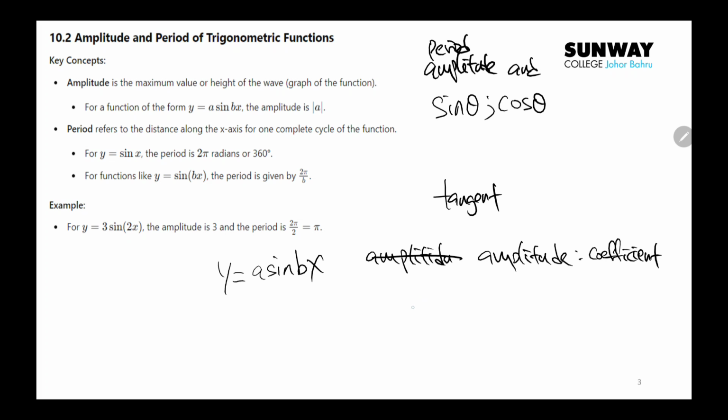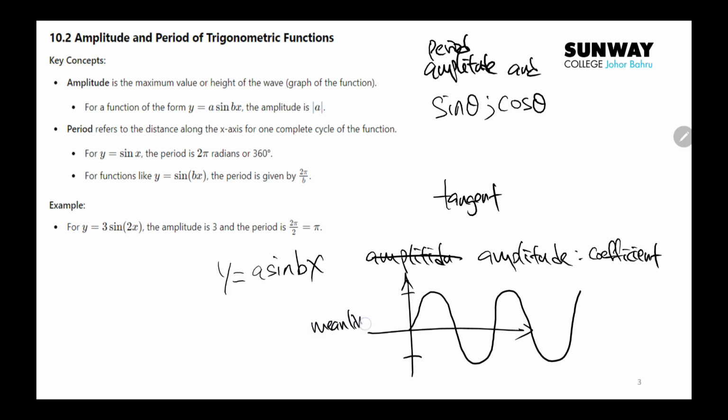It's also telling you how big the magnitude of the fluctuation this sine and cosine curve may grow up to from the starting line, the mean line. If this value is 2, this value is negative 2, it will mean that it has a magnitude or amplitude of 2.